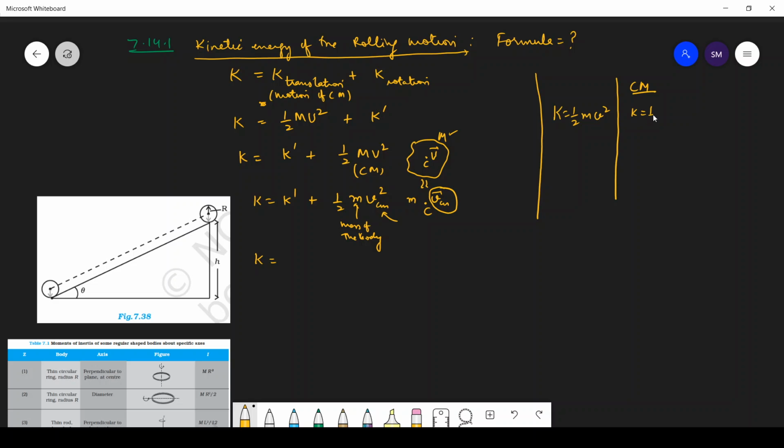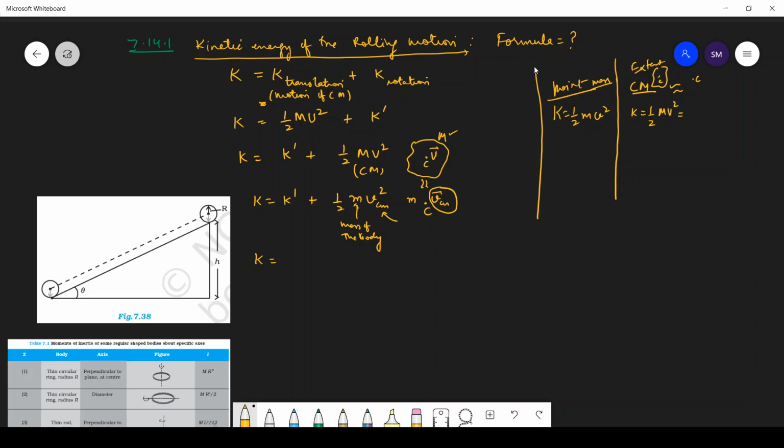So K is equal to half m v square. But now I'm considering this extended body concentrated at this point C, so again I have gone back to a point mass.